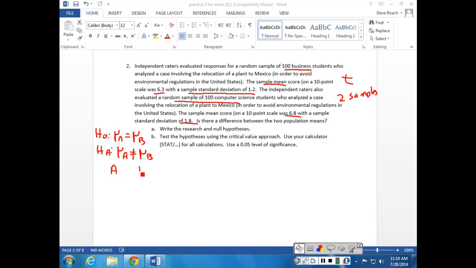Group A, Group B, N, X bar, and S. So we had 100, 6.3, 1.2, 100, 6.8, and 1.8. So that's just writing down the information from the problem.